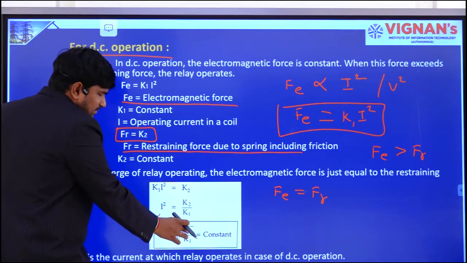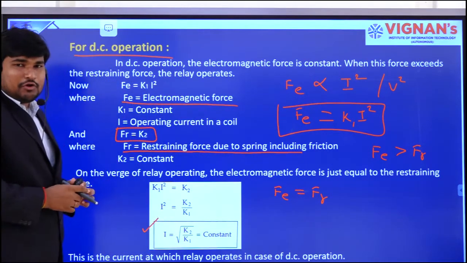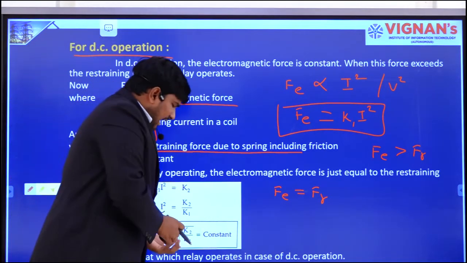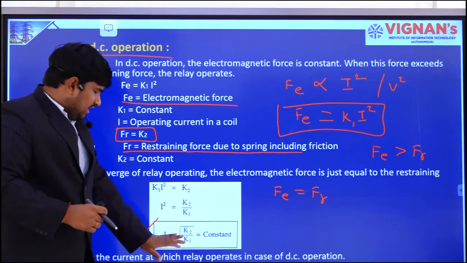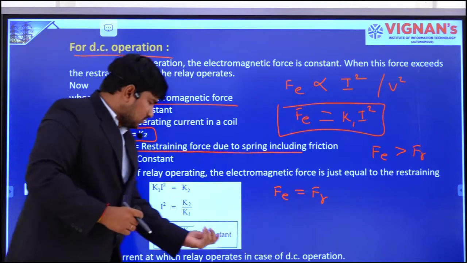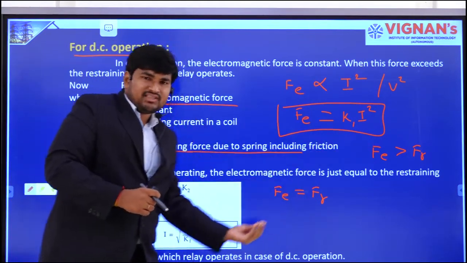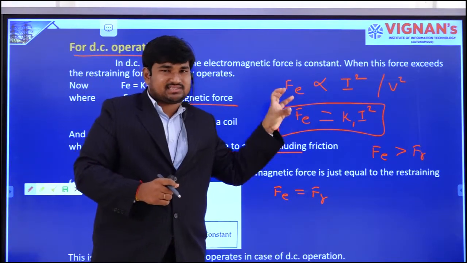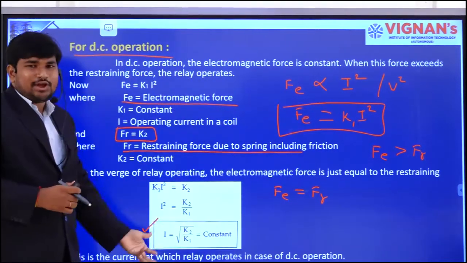From this expression, I is equal to the square root of K2 divided by K1. This is the current margin in attraction type relays. If the operating coil current is beyond this value, the relay will sense this current and give a signal to the circuit breaker to trip. So this is DC operation.